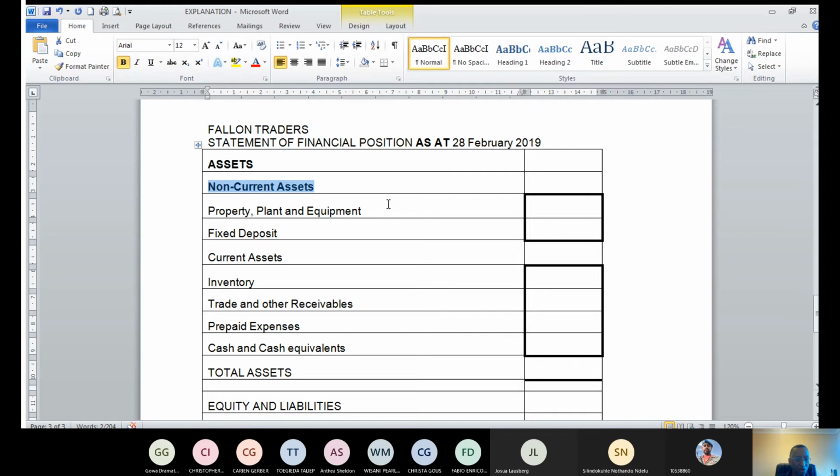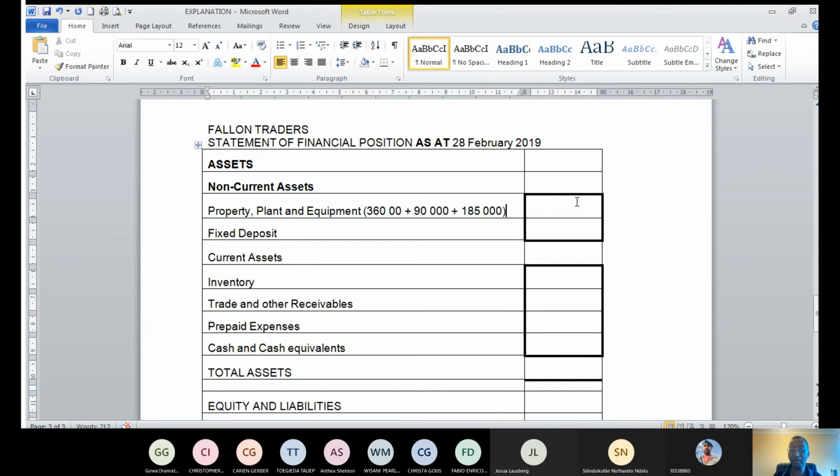Your non-current assets consist of property, plant, and equipment, and a fixed deposit. In our activity, the property, plant, and equipment will consist of a building of 360,000, plus equipment of 90,000 rand, and a vehicle of 185,000 rand.